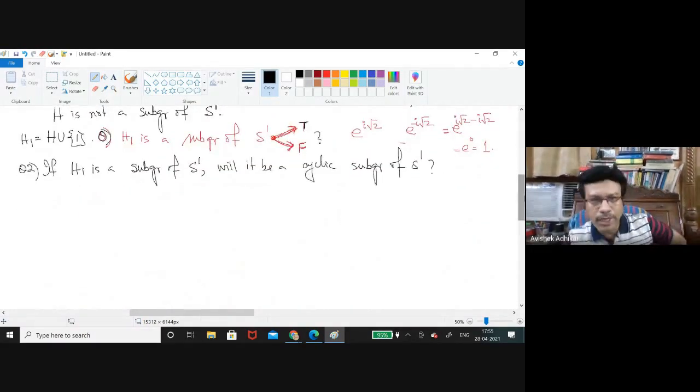Okay, now somebody explain to me how to prove that H1 is a subgroup of S1, or how to disprove that H1 is a subgroup of S1. I will keep both arguments open.